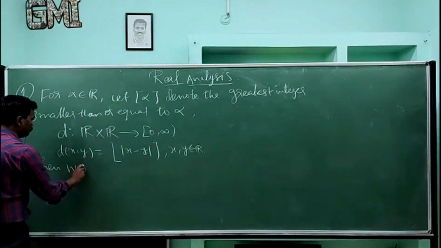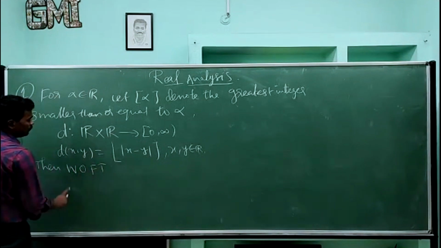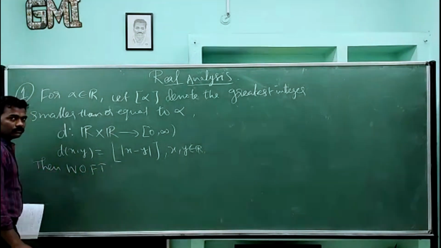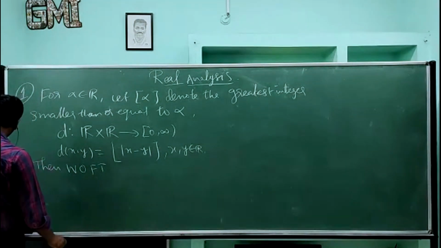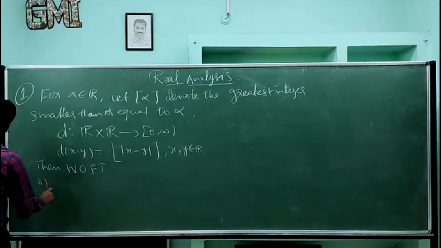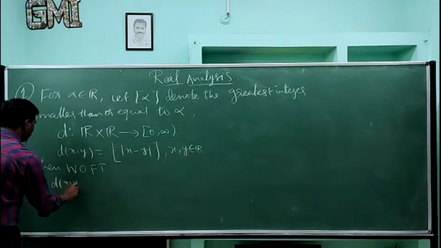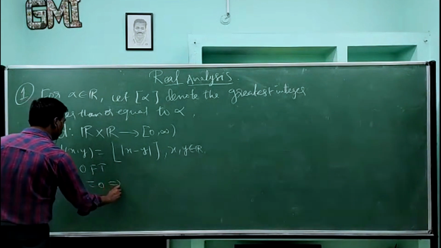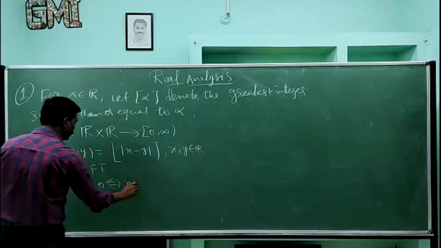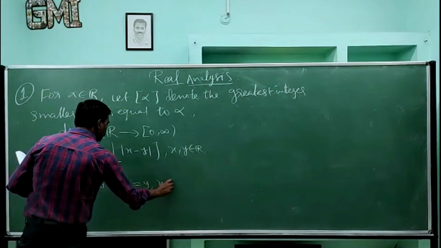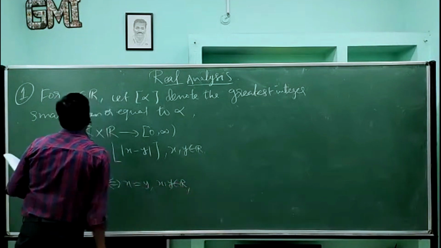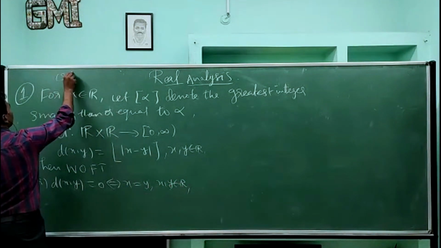Which of the following are true? Option A: d of x comma y equals 0 if and only if x equals y, where x comma y in R. I think this is a CSIR question paper.